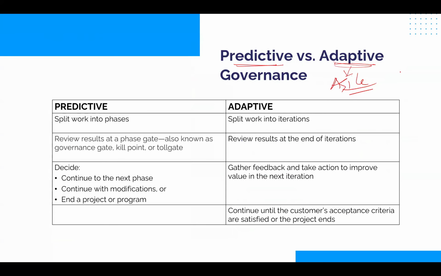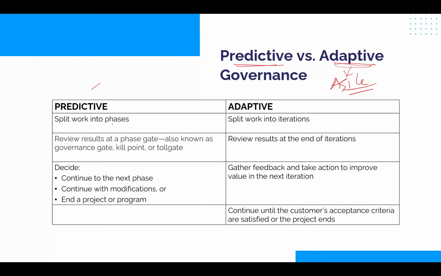So as you know, in predictive, the governance focuses on control, compliance, upfront decision making. While in agile, we hold reviews that are more frequent, less formal, more feedback driven as compared to predictive. So that's what is stated here.